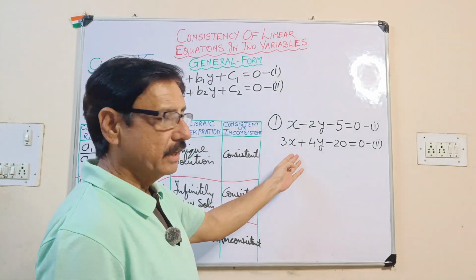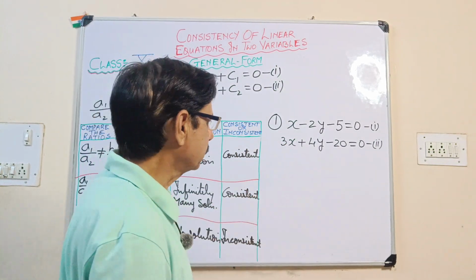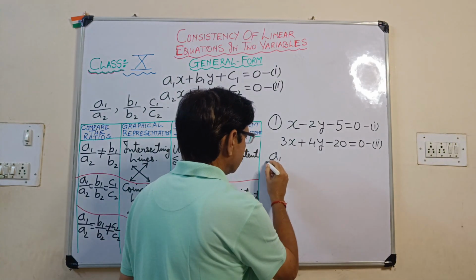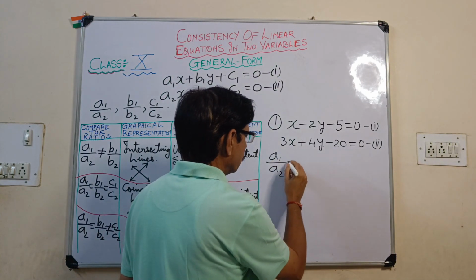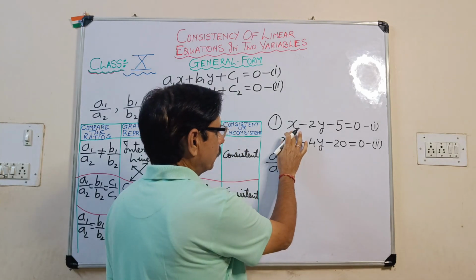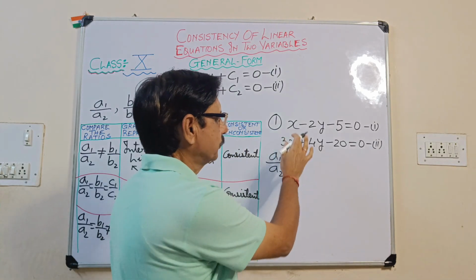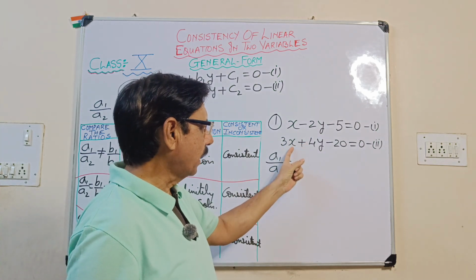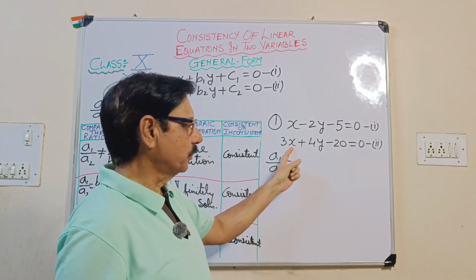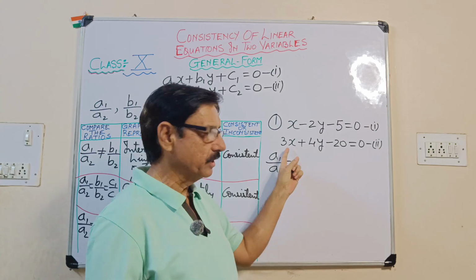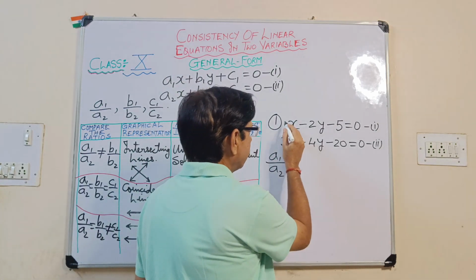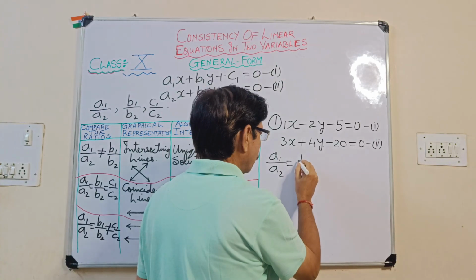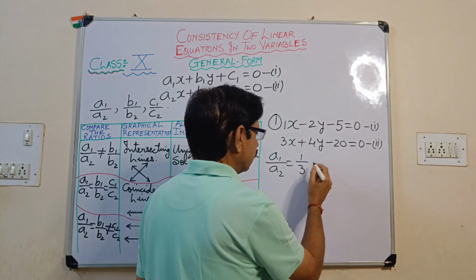The pair of linear equations I have already written here. If I find the ratios from this, a1 by a2: a1 is the numerical coefficient of x in the first equation, and the coefficient of x in the second equation is a2. When no value is there, you can put 1, not 0, so it will be 1 by 3.